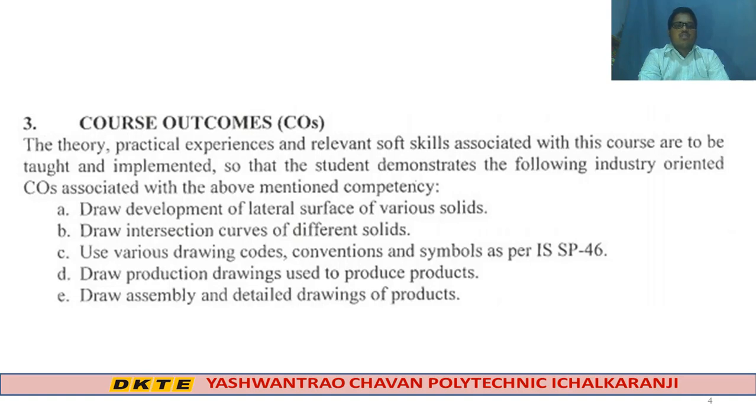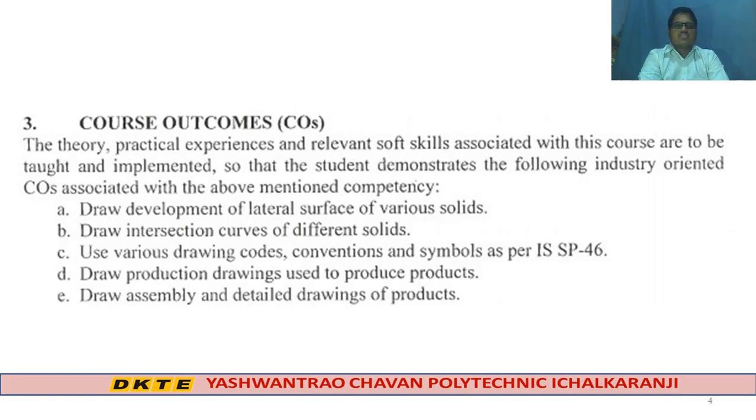After learning this first chapter, the student should be able to develop the lateral surface of various solids. Among these solids we will learn prism, cylinder, cone, etc. A hole may be given on these solids, and the lateral surfaces are asked for these solids.